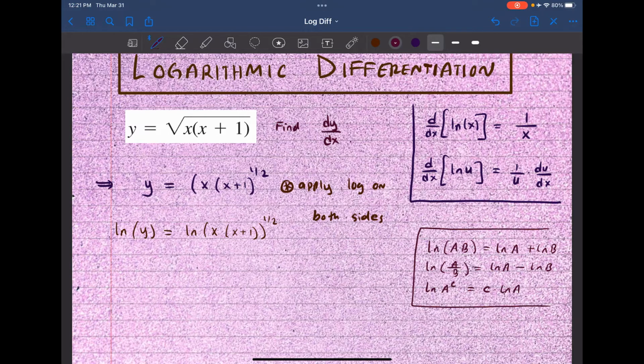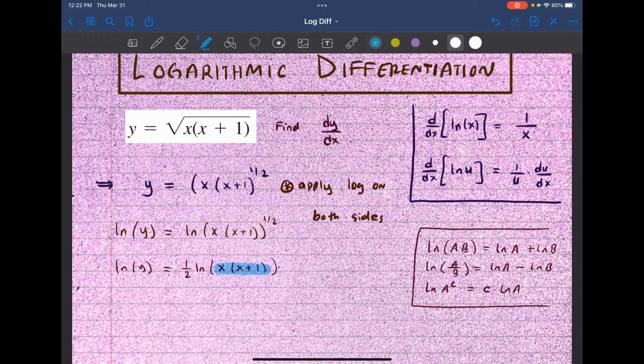You also want to keep these laws in mind if you're using logarithmic differentiation. So using the third rule, 1/2 is an exponent, so I can bring that forward in front of the logarithm. That simplifies my function to 1/2 ln of everything inside. And I can still simplify this a little bit more by looking at what's inside the logarithm.